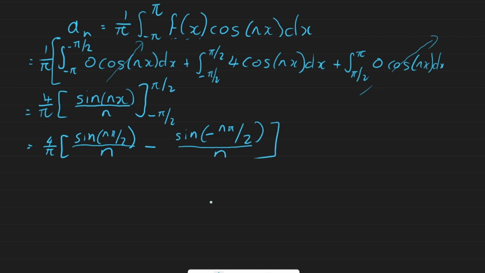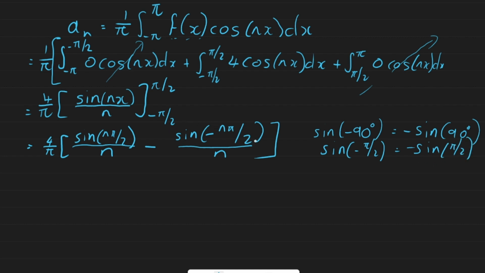So here we need to just remember a trig identity. So the trig identity is that if we have sine of, let's just say, minus 90 degrees, or sine of minus pi over 2 radians, this is actually equal to minus sine 90 degrees, or just minus sine pi over 2.